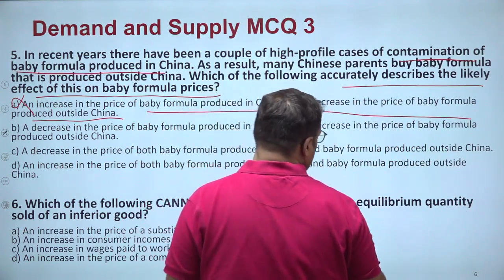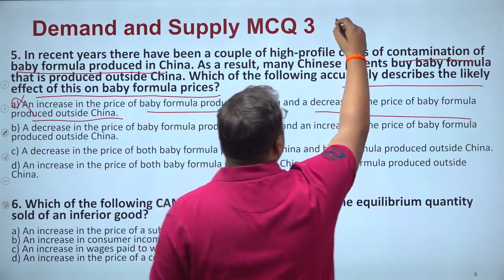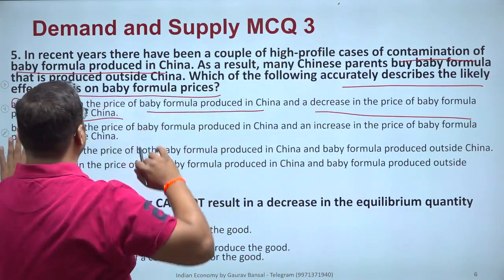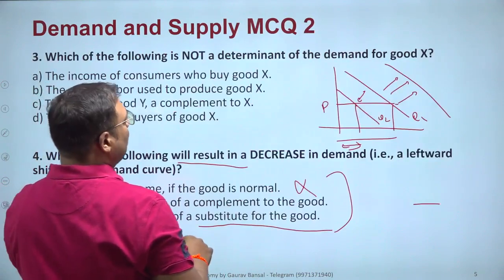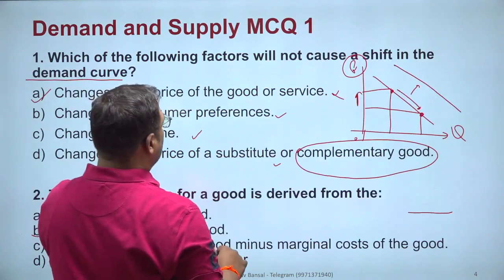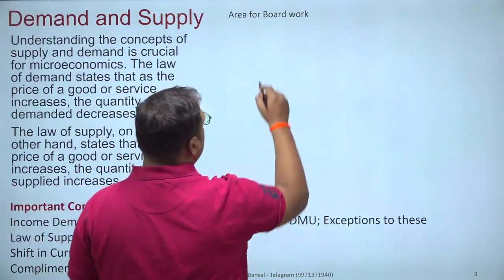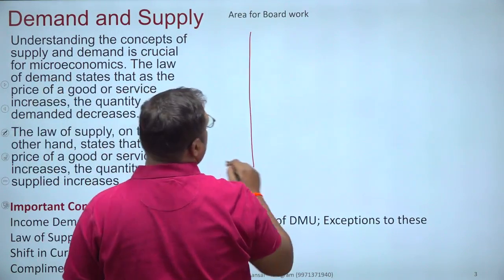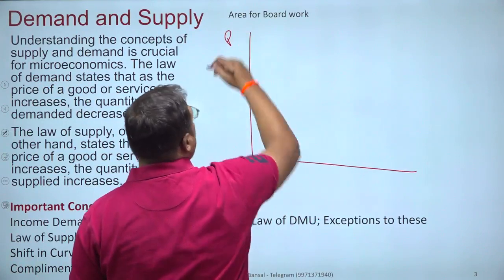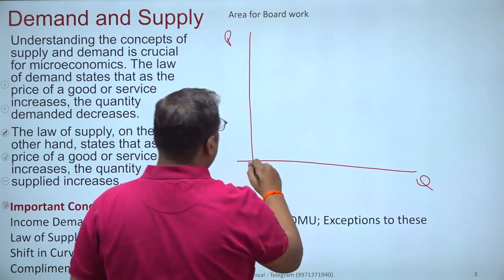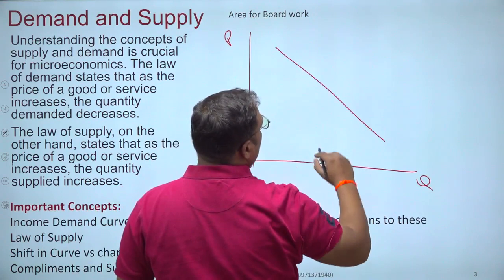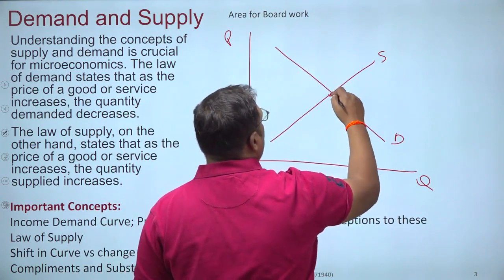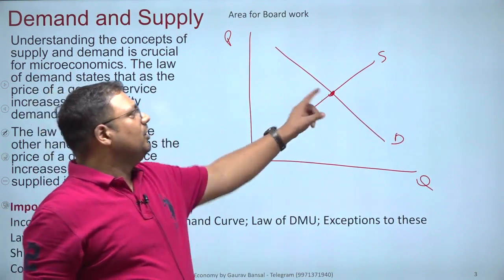So let me make an equilibrium curve here. Just give me 1 minute here. Okay, let me show you equilibrium here. Price, quantity, demand curve, supply curve. This is supply, this is demand. This is my equilibrium.